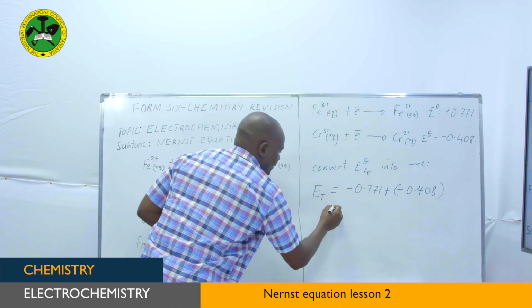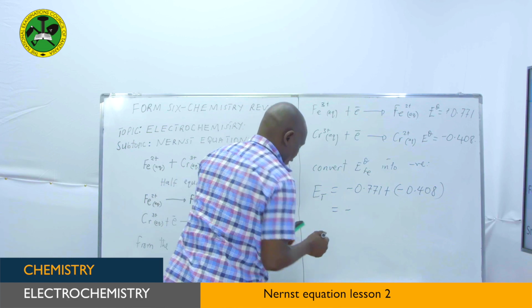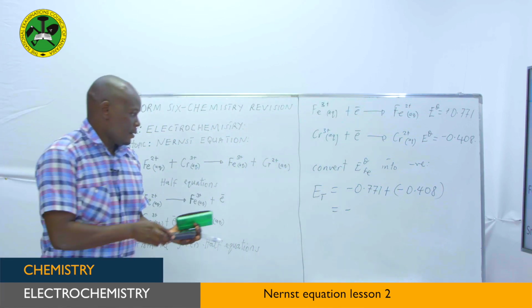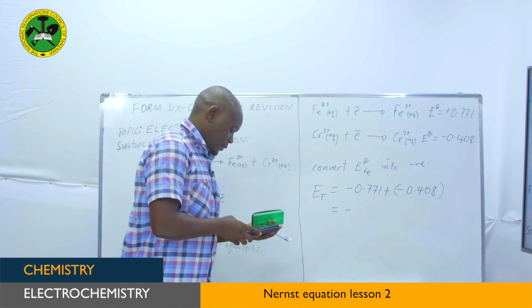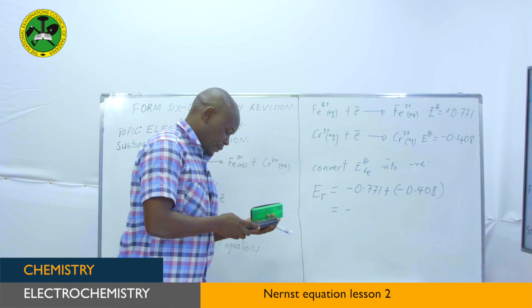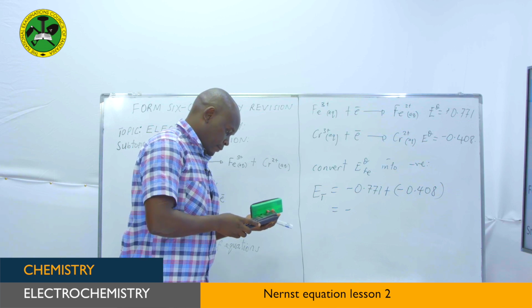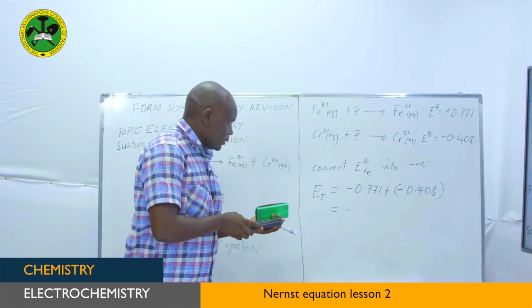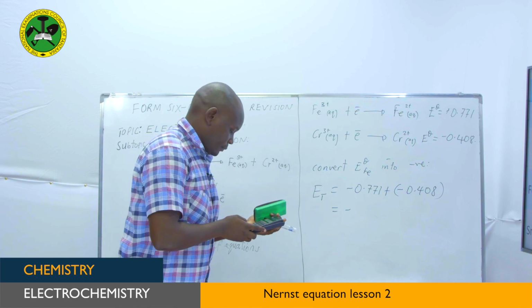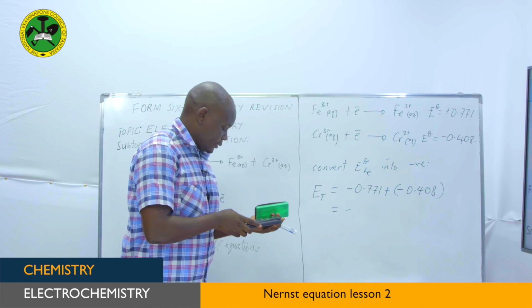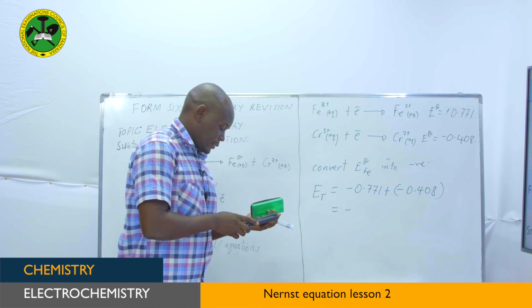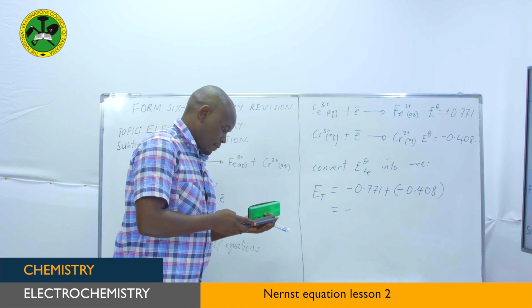If we find it using your calculator, it will be negative 0.771, then minus 0.408.